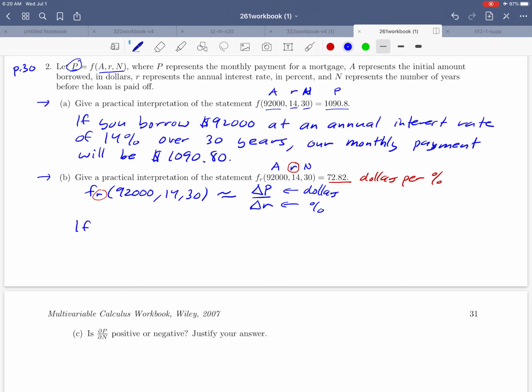So if your loan is $92,000 over a fixed time of 30 years, those are the two things that we know are not changing, and we start from an interest rate of 14%.